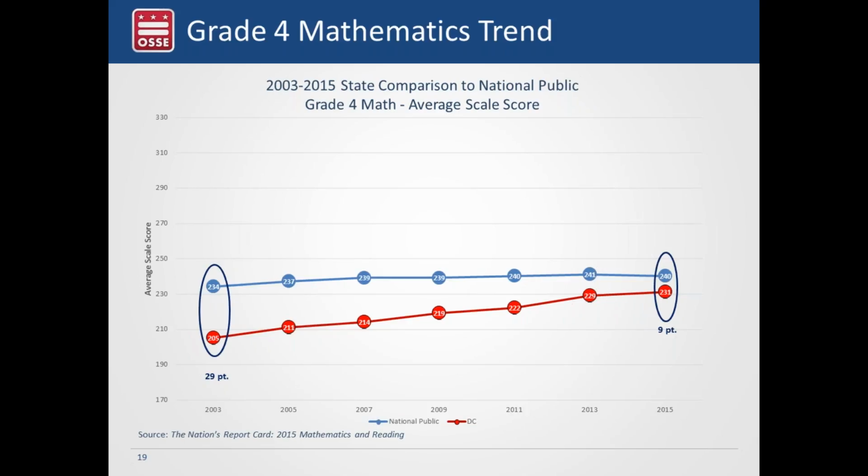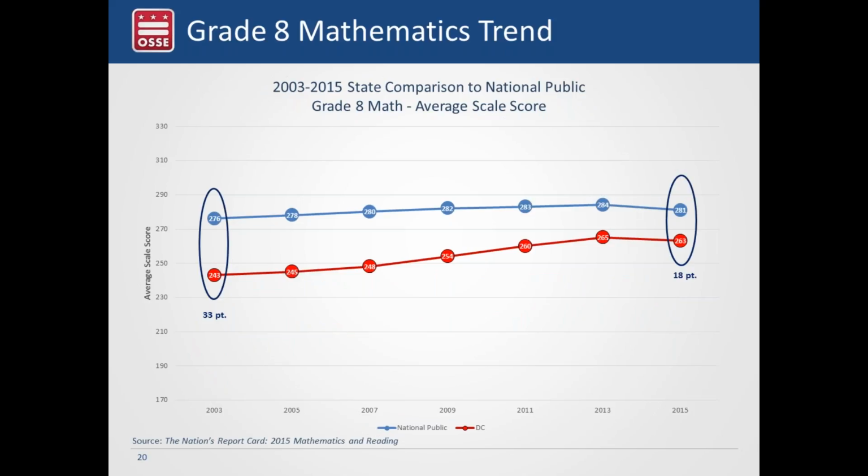In grade 4 mathematics, DC had a 29-point gap in 2003, which has closed over time to currently a 9-point gap in the past state-level administration. The gap in grade 8 mathematics was 33 points in 2003 compared to the national public. Now it has closed to within 18 points in 2015.